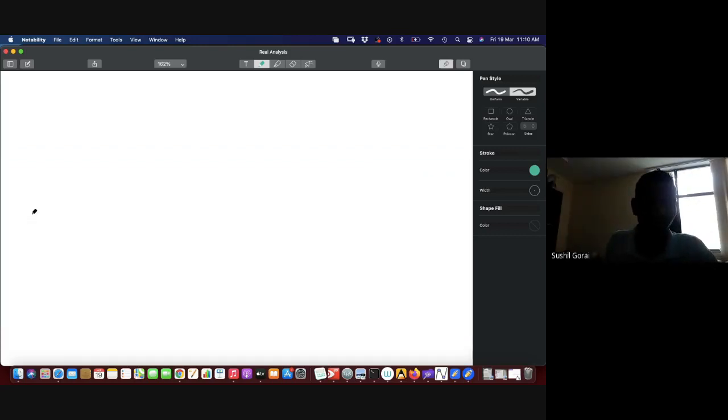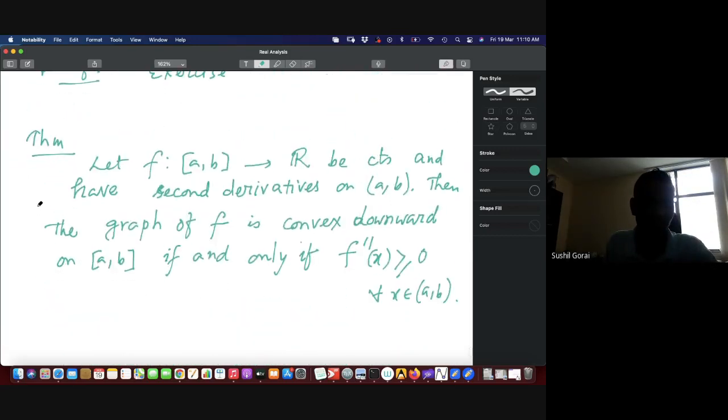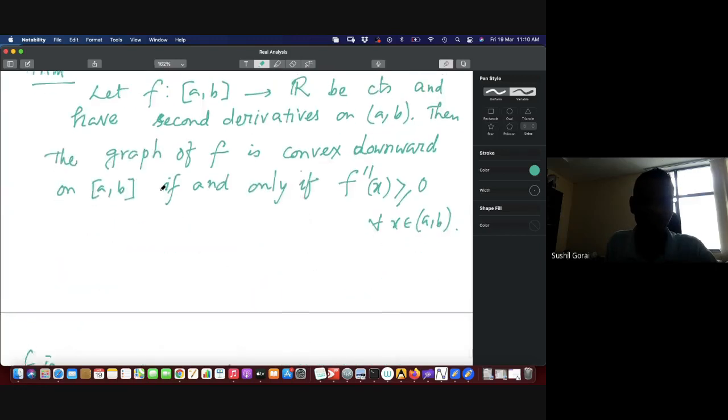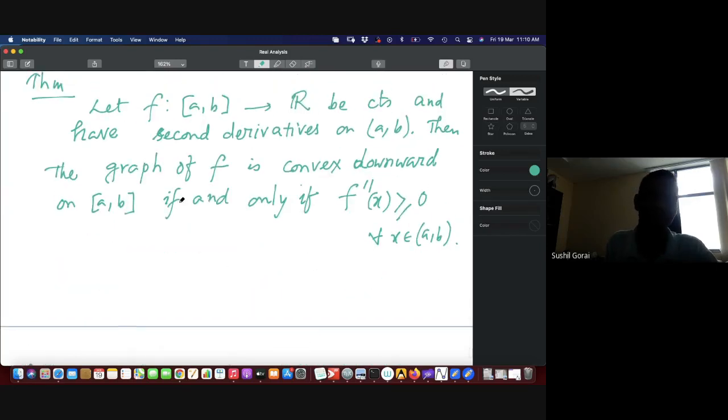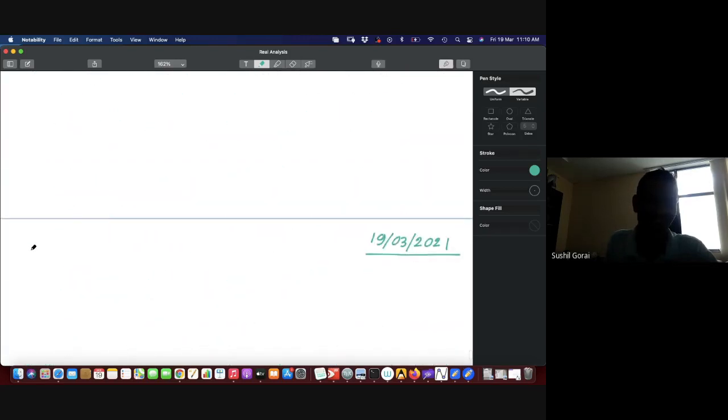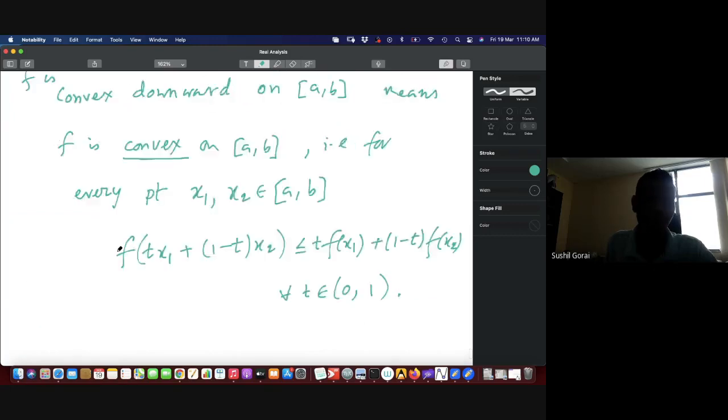All right, so we want to state first this theorem in a different context. So this is in terms of the property of the function instead of the property of the graph. So let me just write it. Theorem.